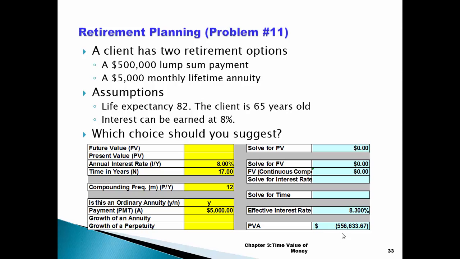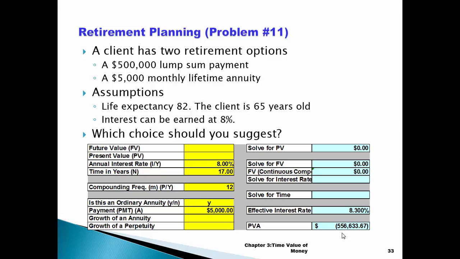Let's go to some retirement planning questions. You have 2 retirement options. You can take a $500,000 lump sum payment, or you can take a $5,000 monthly lifetime annuity. The assumptions we need: first of all, we need to know life expectancy. You're going to pass away when you're 82. The client's 65 years old, and the interest that you can earn is 8%.